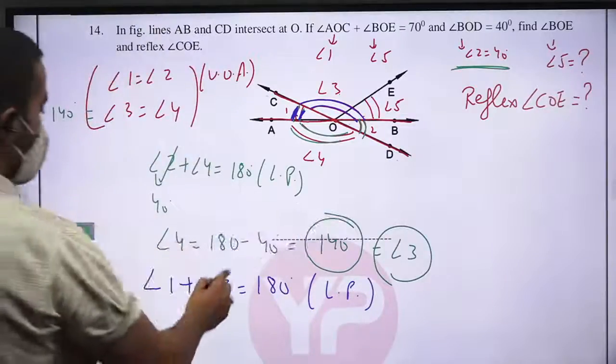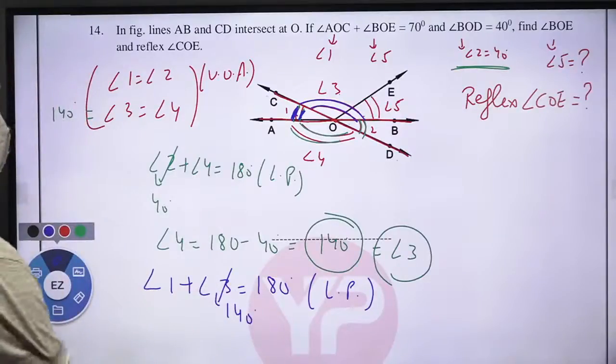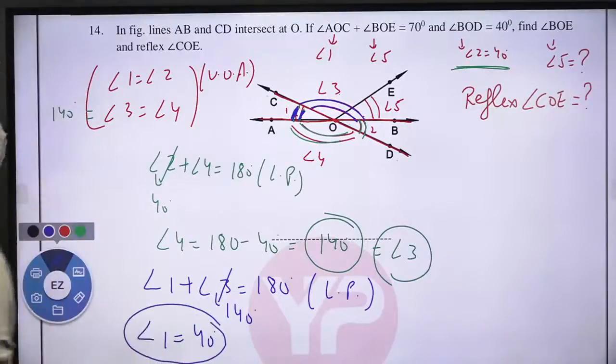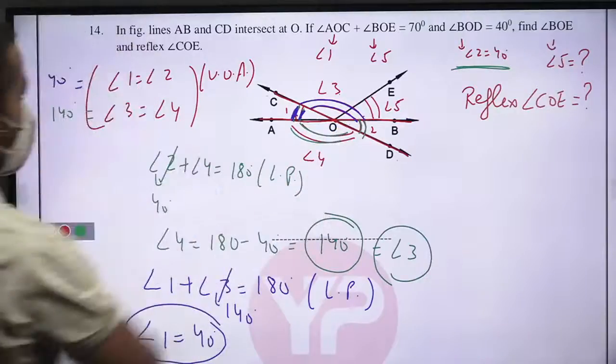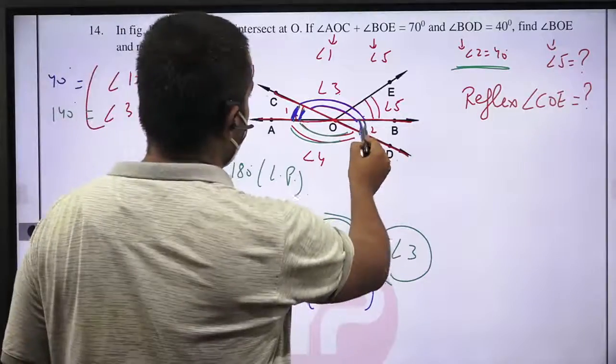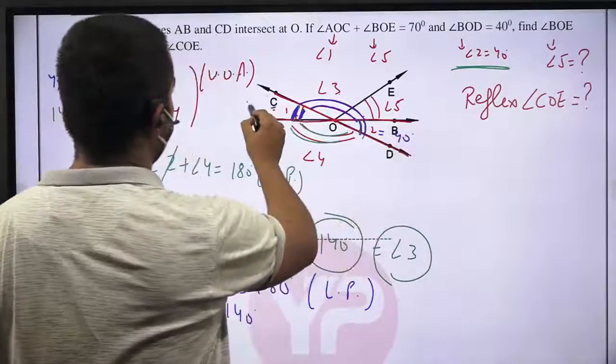And you are having angle 3 as 140, so angle 1 will be 40. Angle 1 is equal to 40 or not? Of course, angle 1 was equal to angle 2, so that is 40 only. BOD is angle 2, so angle 2 is vertically opposite to angle 1. Angle 2 is already given to us as 40, so this is 40.